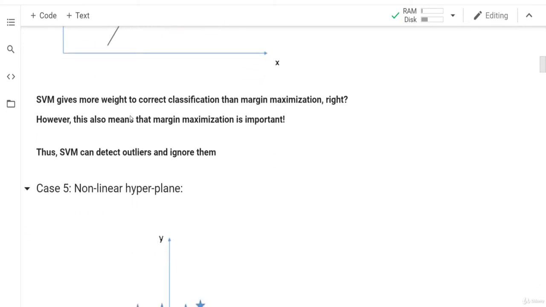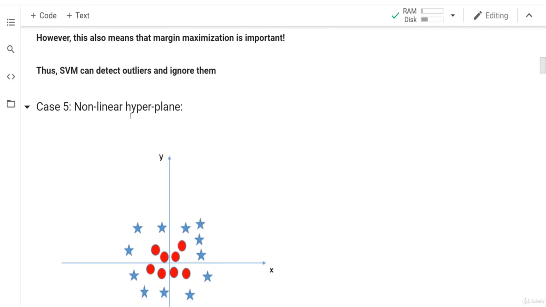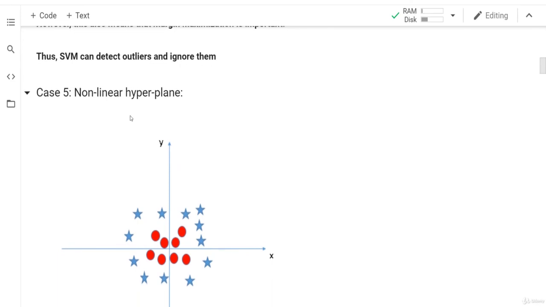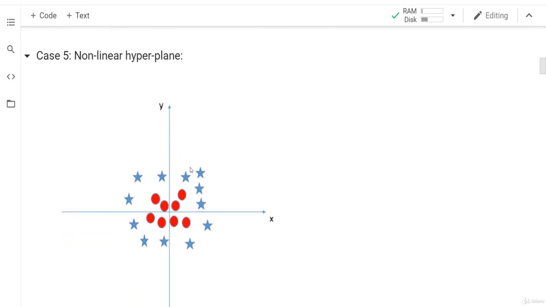Now, let's look at case number 5, and this is one of the most important things to use for SVM. If we have a non-linear hyperplane, look at this example here: we have circles, and outside of the circles we have the stars. If I ask you what is the best hyperplane here, you'll tell me we can have a circle that separates the circles from the stars. This is our hyperplane.